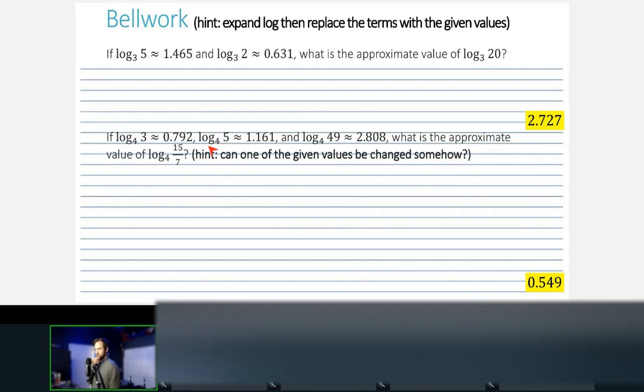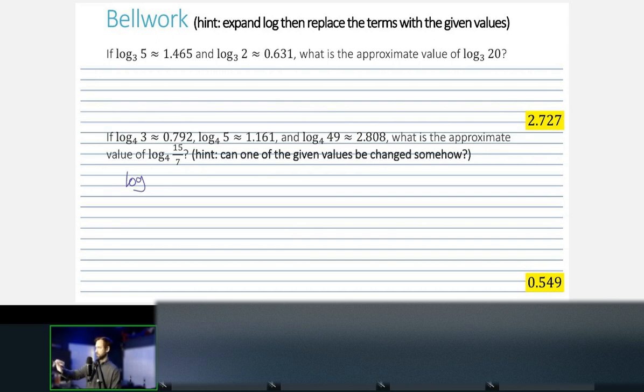So log base 4. We need to expand this. Actually, this is a good one, so let's go through it. I'm not going to spend a lot of time explaining the expanding, but we all know that division becomes subtraction.